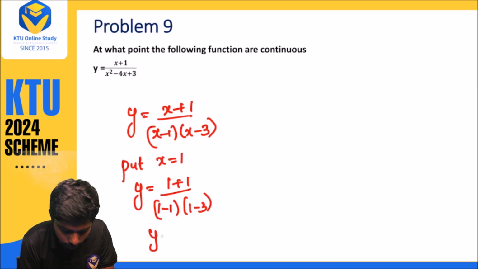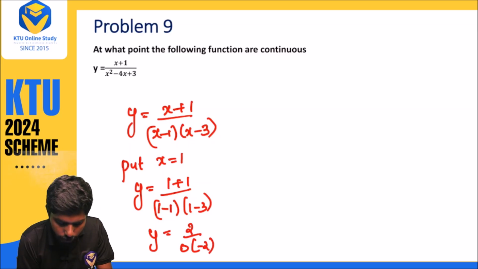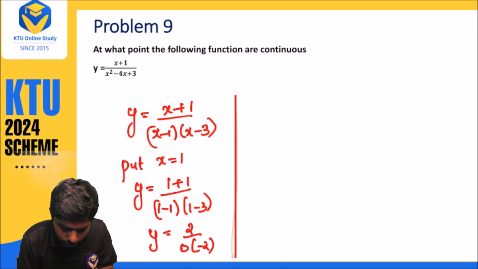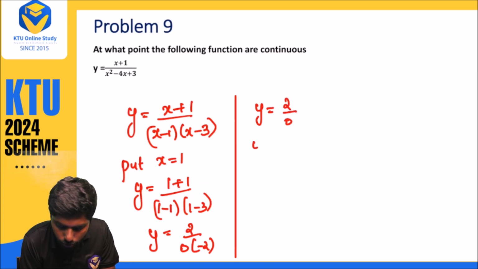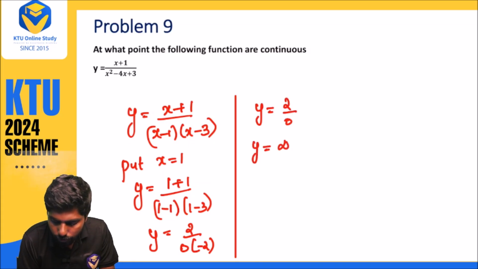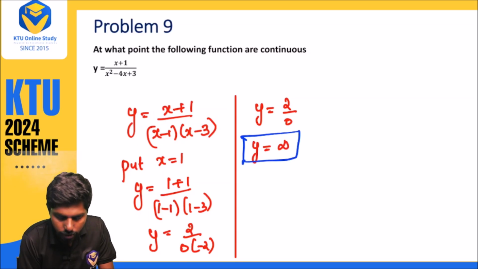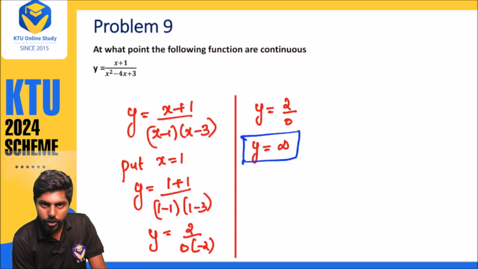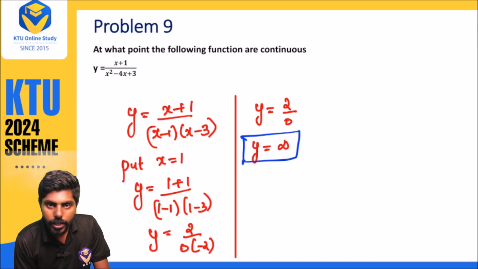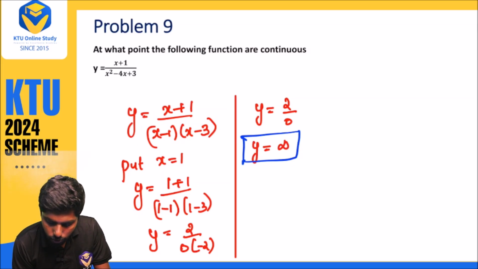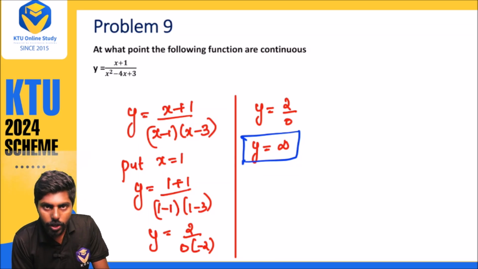So y is equal to 2 divided by 0 into minus 2, that is y is equal to 2 divided by 0, which is infinite. Infinite means it is undefined.